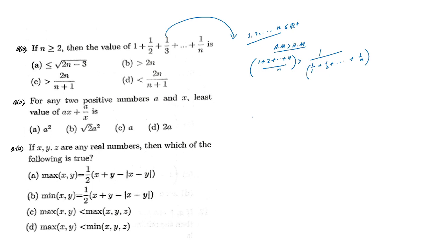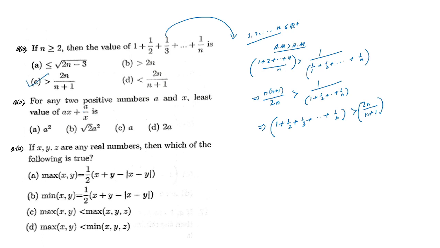This value is n into (n plus 1) by 2, divided by n, which is greater than 1 by (1 plus half plus 1 by n). So that means 1 plus 1 half plus 1/3 plus up to 1 by n is greater than 2n by n plus 1. So option C is correct. All other options are false.